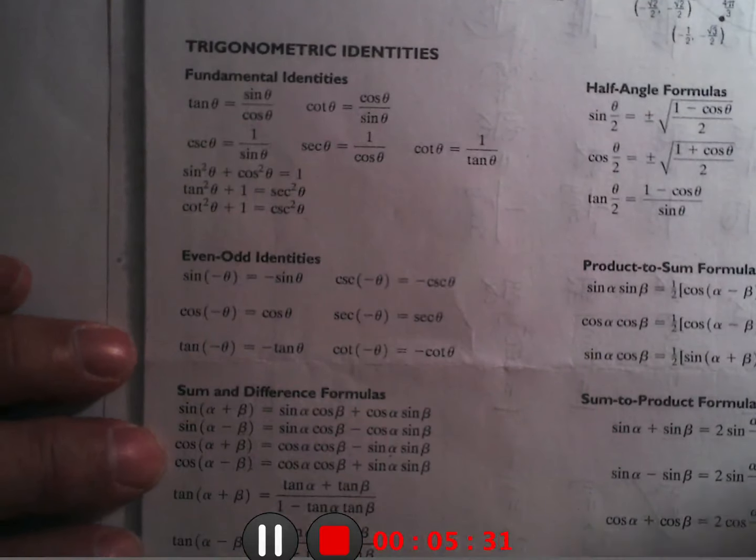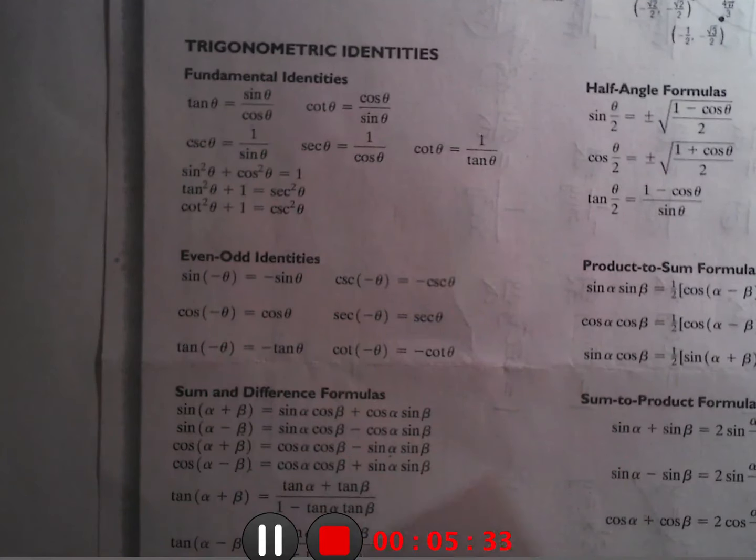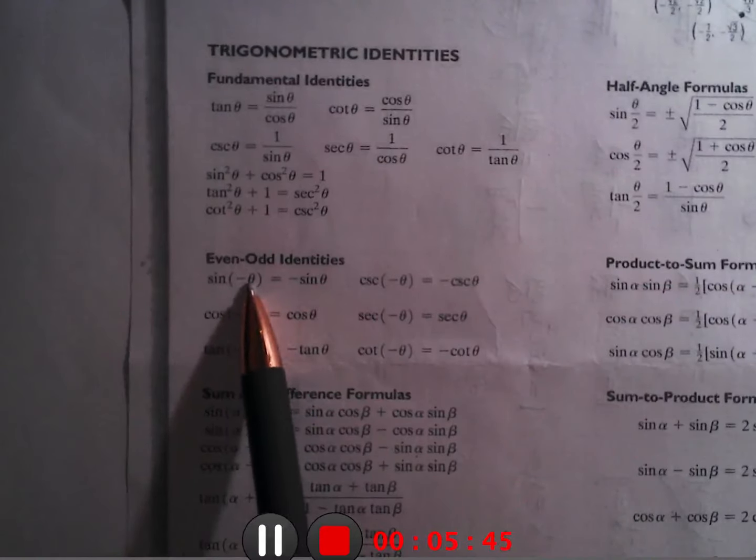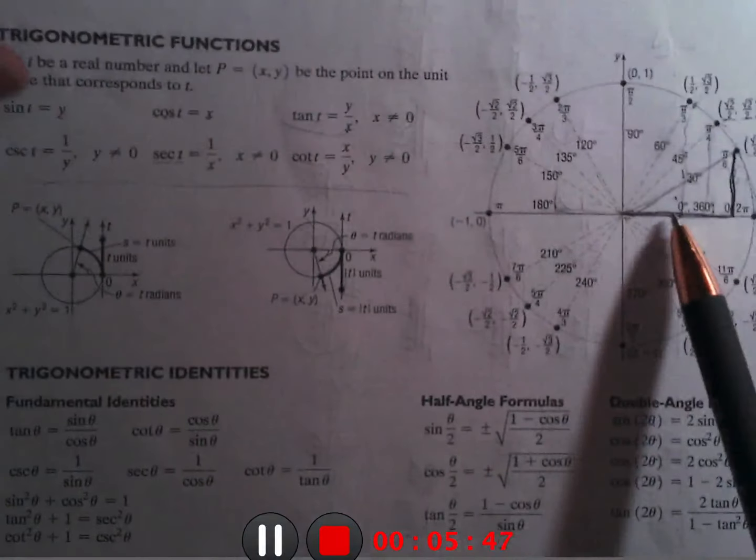Now we want to talk a little bit about even and odd functions. Let's just talk about this. Sine of a negative angle. If I go a positive 30 degrees, the sine will be 1/2. If I go a negative 30 degrees, the sine will be negative 1/2. If I go positive 45 degrees, the sine is square root of 2 over 2.